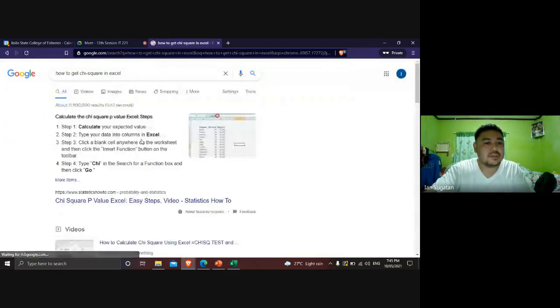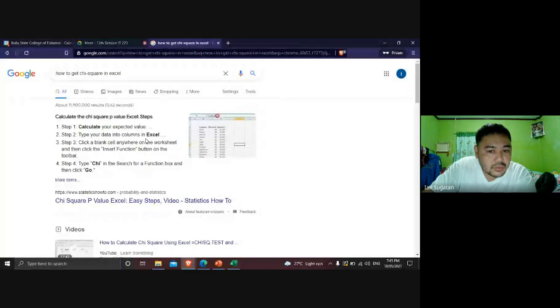Okay, so these are the steps: calculate the expected value. Type your data into columns in Excel. Click a blank cell anywhere on the worksheet and then click the insert function button on the toolbar. Insert function.